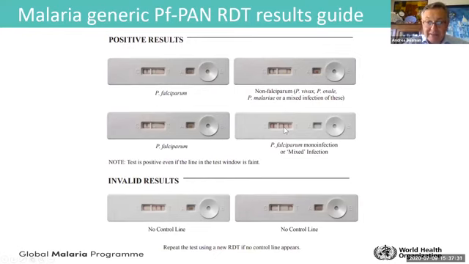You give an ACT. The patient, unfortunately, if it is also a Vivax infection, may come later with a relapse and you may need to think that maybe this person had a mixed infection, falciparum and Vivax. Maybe at that time you want to go for microscopy directly. So I hope this is clear.